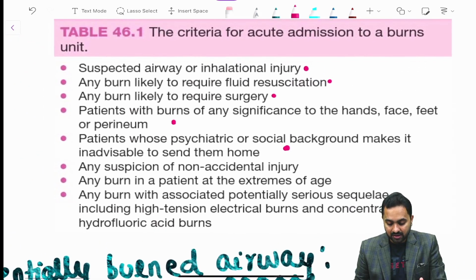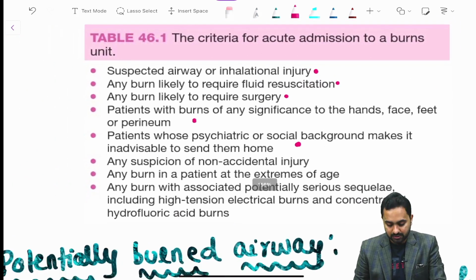So these are the criteria when you would admit the patient to a burn unit.